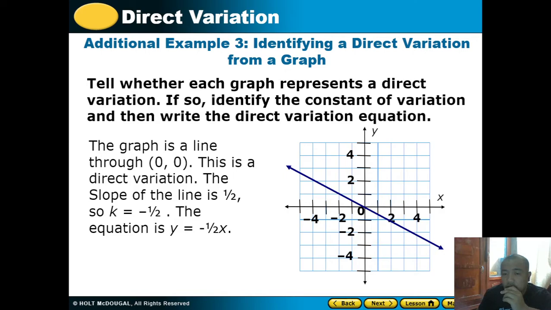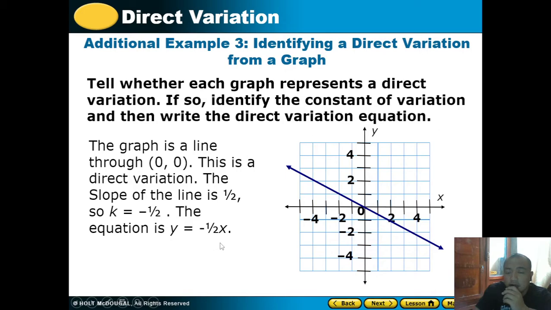The slope of the line is negative 1/2, because the line is going in the left direction. Rise over run: negative 1 up. So therefore k is also equal to negative 1/2. So the equation is y equals kx, so y equals negative 1/2 x.